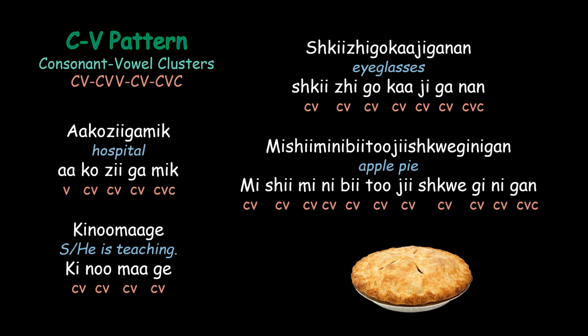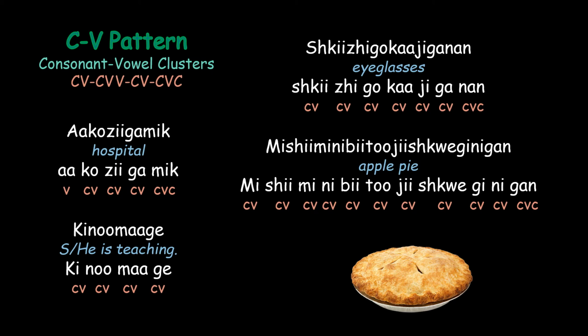The next syllable, z being the consonant and i being the vowel sound e. The next syllable is ga, g being the consonant and a being the vowel. And the last sound, mik, is a consonant-vowel-consonant syllable.